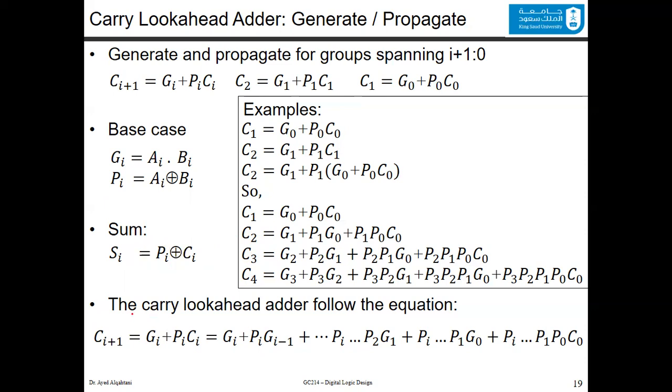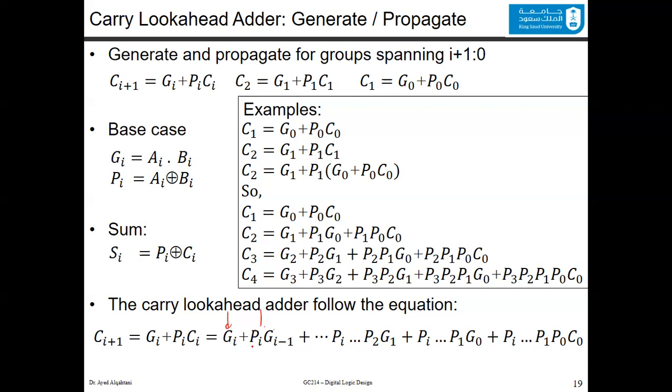Now, this idea that I just discussed with you, I generalize it for any number of bits. The carry look-ahead adder follows this equation. The next carry, Ci plus 1, is either generated in this stage, the current stage, i, or generated from a previous stage. By doing what we noticed in these examples, you can break it into several terms, either generated in the first stage or propagated from a previous stage.